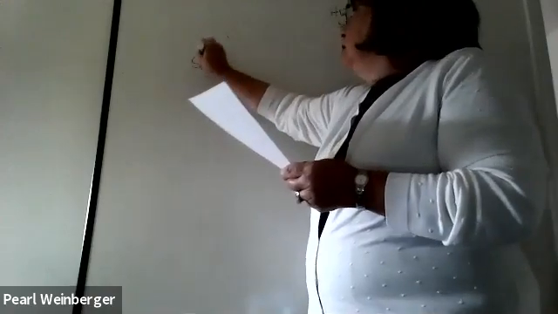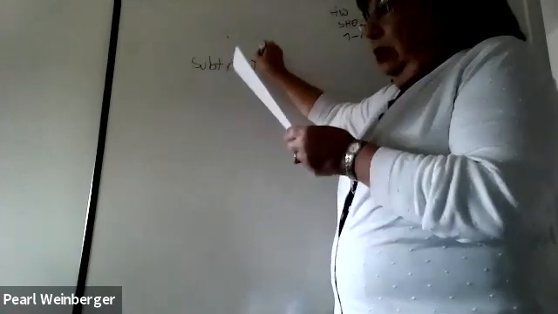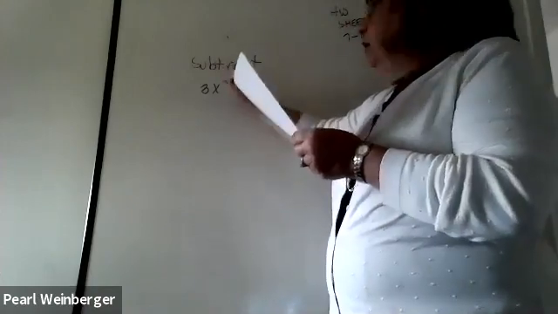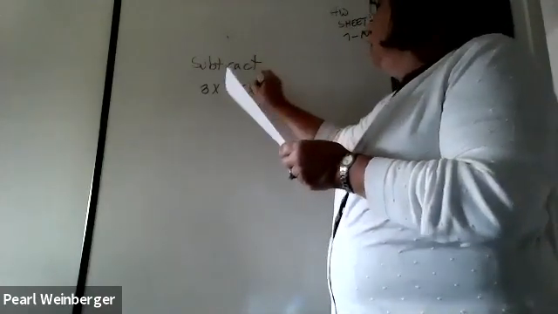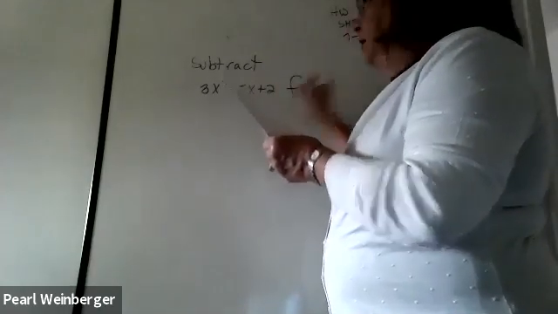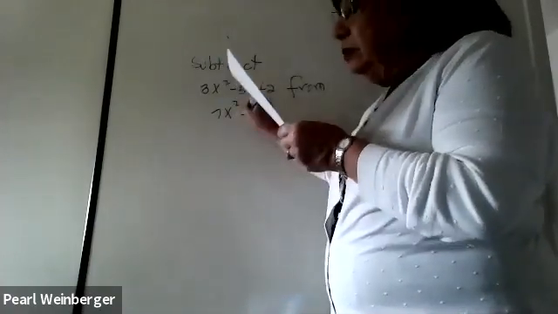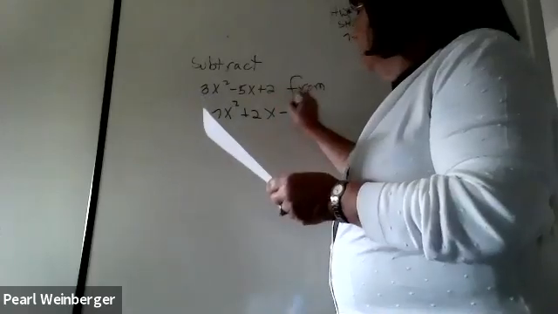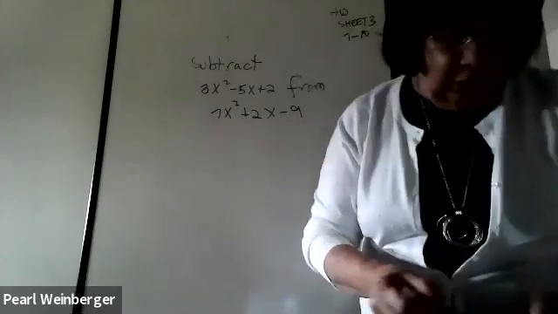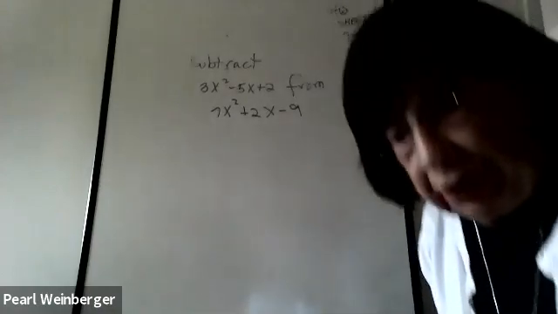Subtract 3x squared minus 5x plus 2 from 7x squared plus 2x minus 9. You might have noticed that I did send out practice sheet 4, so that's where this is coming from. Giving you a couple of minutes to try this.